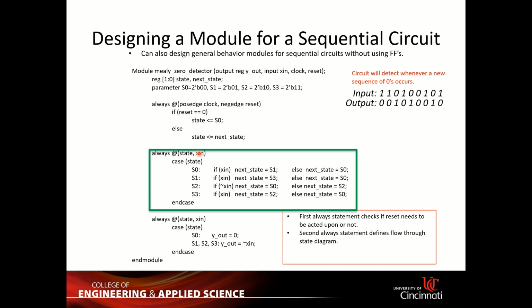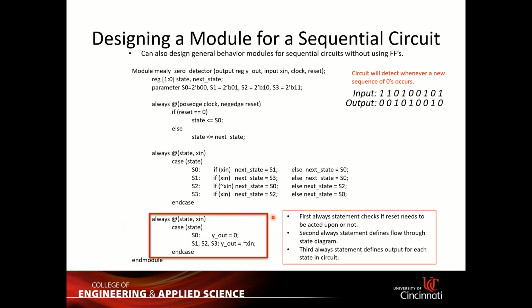In order to describe the state transition, you need to scan for 2 things. What is the current state? What is the coming input? And finally, you will describe the output. Because this is a Mealy machine, the output will depend on the state and the input.